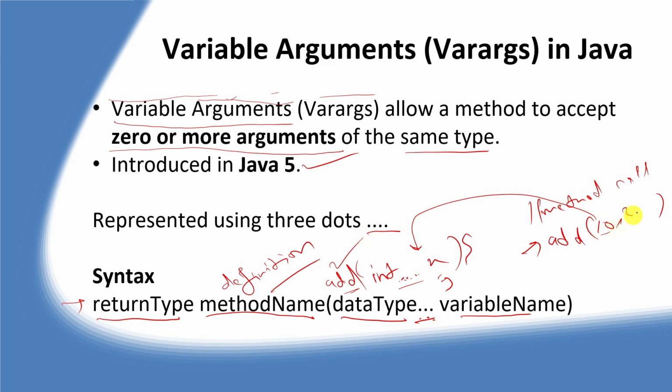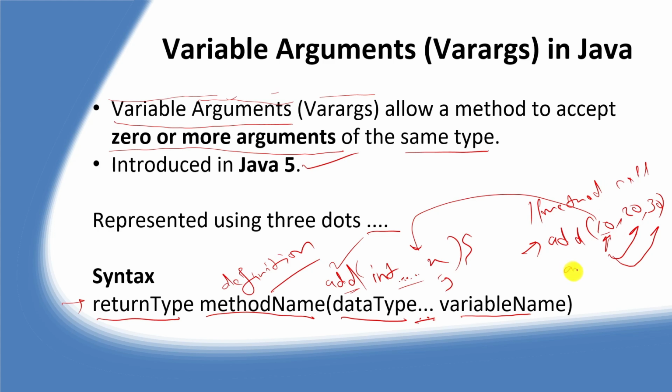Even if we pass 10, 20, it will work. Even if we pass 10, 20, 30, it will work. So this is what variable arguments mean in the method call.